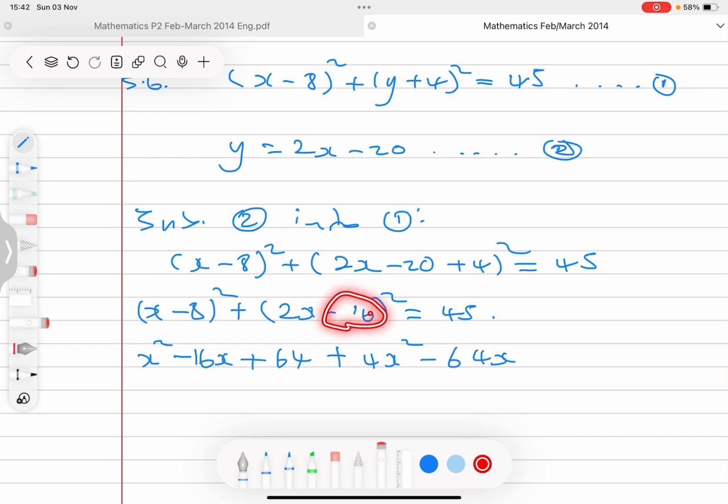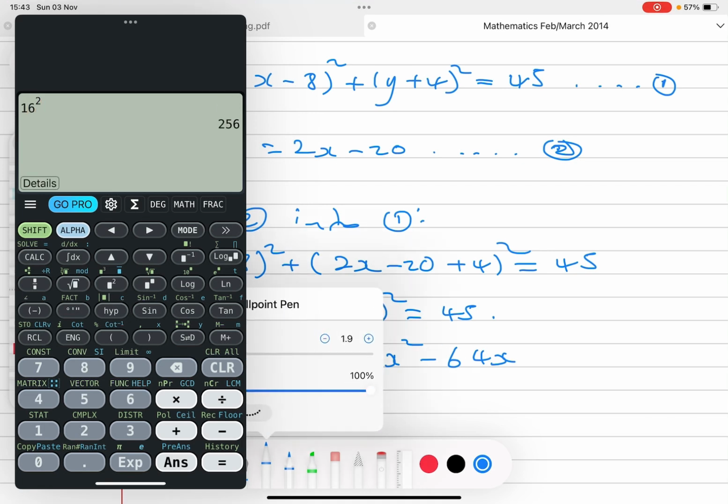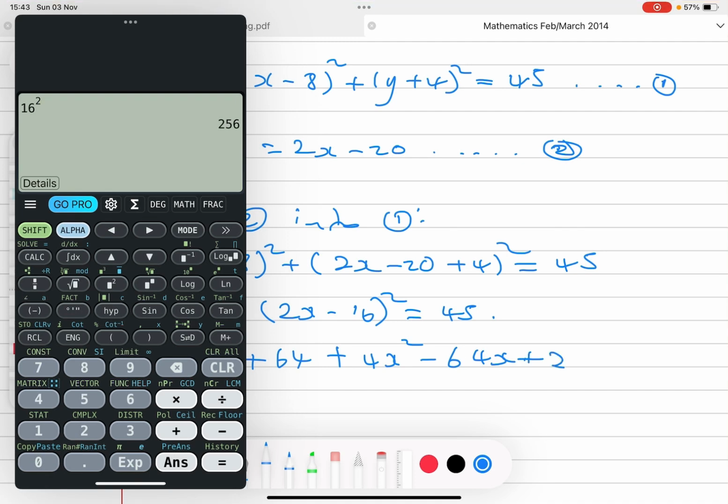Then the last thing that we do is that we square the negative 16. Obviously, we can use a calculator. 16 squared, it says it's 256. So here we'll have plus 256.